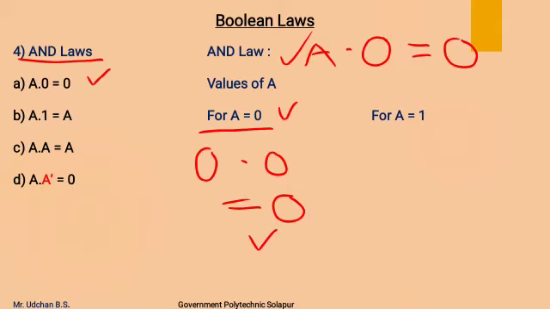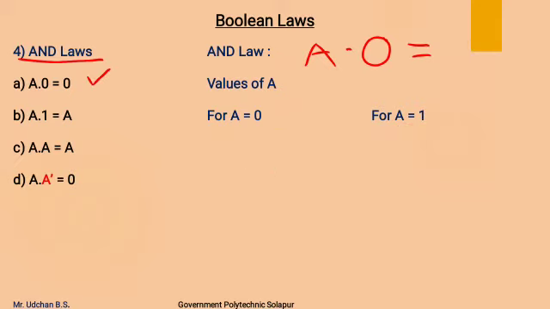Again, if we consider the value of a as 1, then we put the value of a in this equation again, that is 1 into 0 will give you 0. So irrespective of the value of a, we will get a 0 result for a into 0.